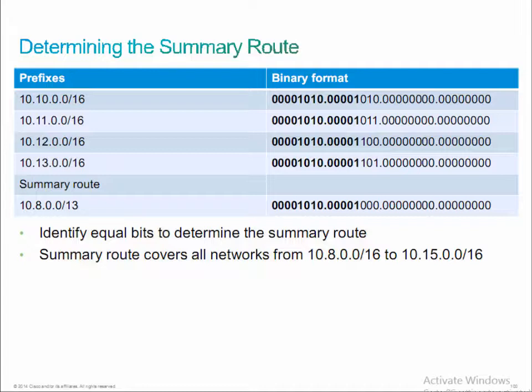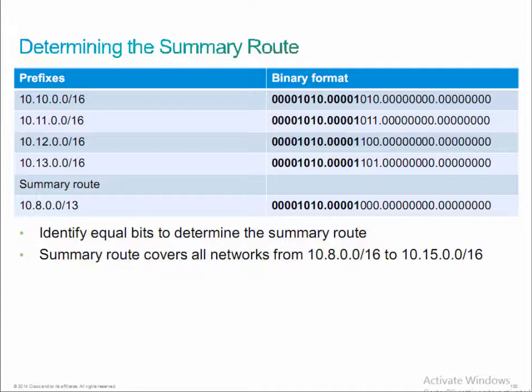Again, if you want to do it the mathematical way, you write all the addresses out in binary. You find out the last column where all the bits match, and that becomes your summarization boundary. Then you create your subnet mask, you create your starting address, and that becomes your summary.